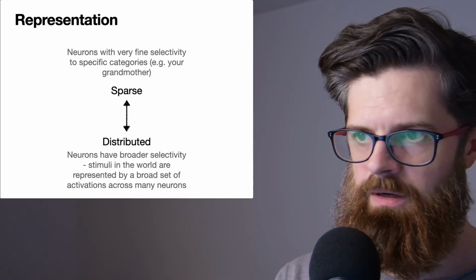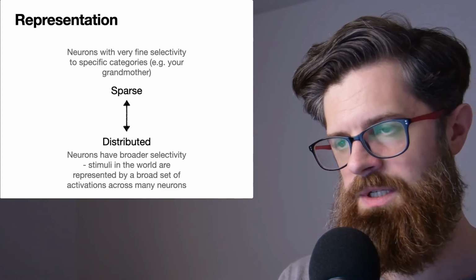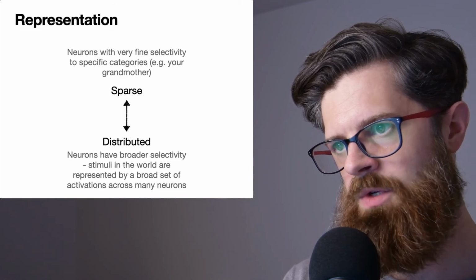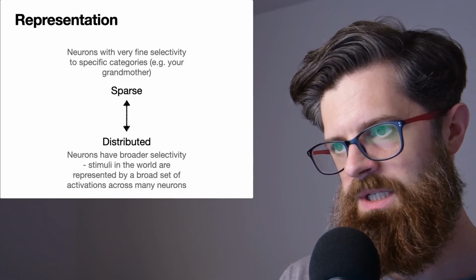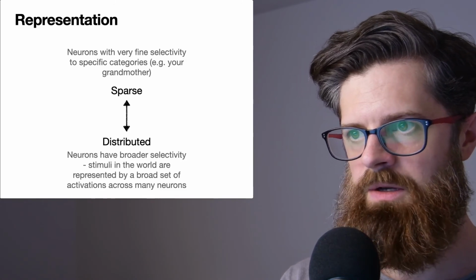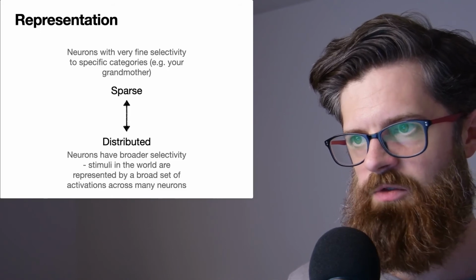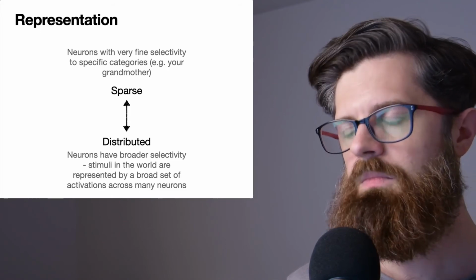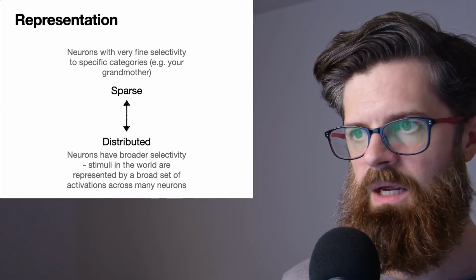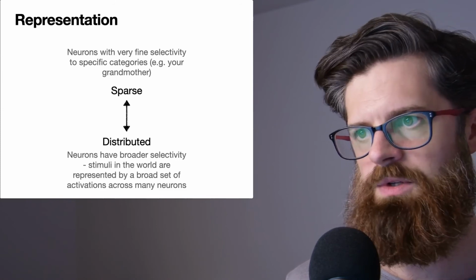If you look at one particular thing, you may see a broad activity across many different neurons. This is why it's called distributed: you could say that the neural representation of your grandmother is distributed over many different neurons. So if you looked at your grandmother on consecutive days, you might expect the same distributed set of neurons to be active.